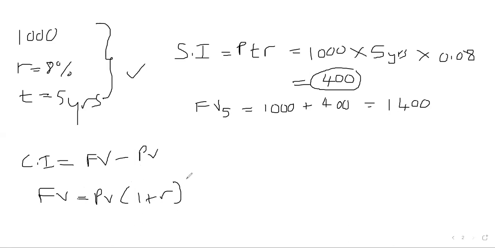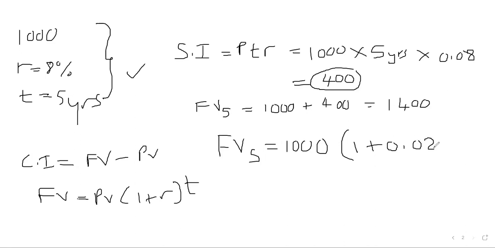So what is our present value in this case? The money we started with: 1,000. Then what is our R, our interest rate? 8%, which is 0.08.